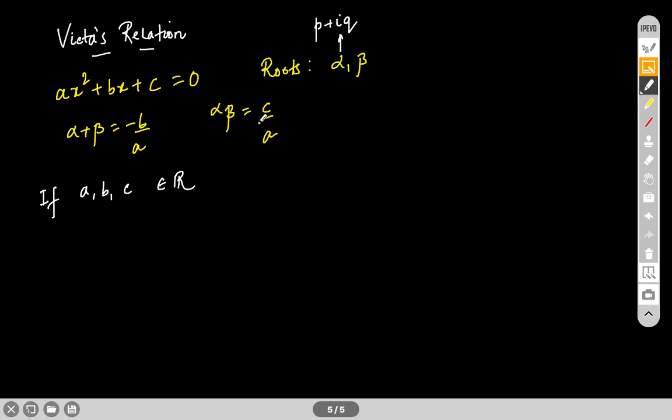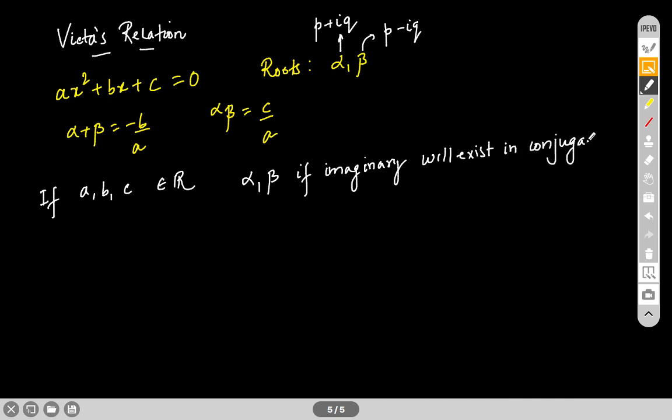Then remember beta will be of the form p minus iq. That means alpha and beta, if imaginary, will exist in conjugate pairs. Understood?